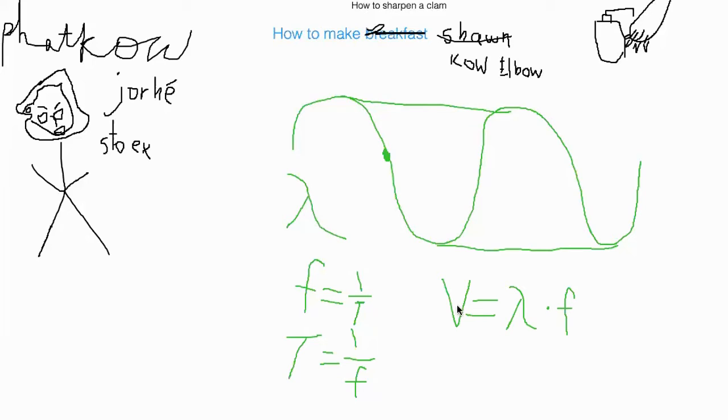And in an electromagnetic wave, this v is equal to the speed of light, because electromagnetic waves are just light. When this is talking about an electromagnetic wave, this is the fastest anything known to man can go. So the speed of light.